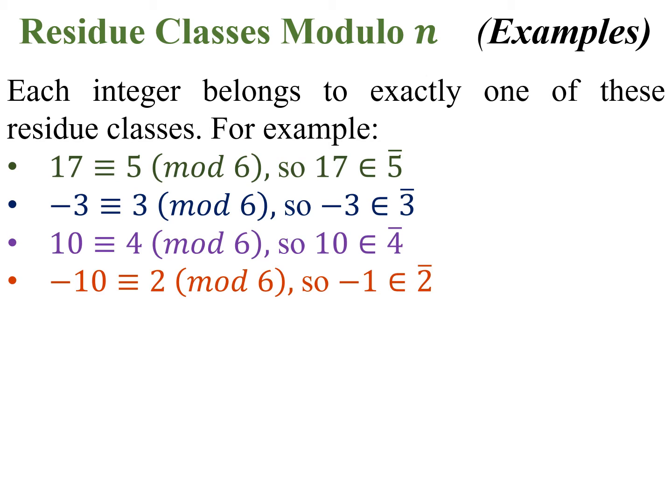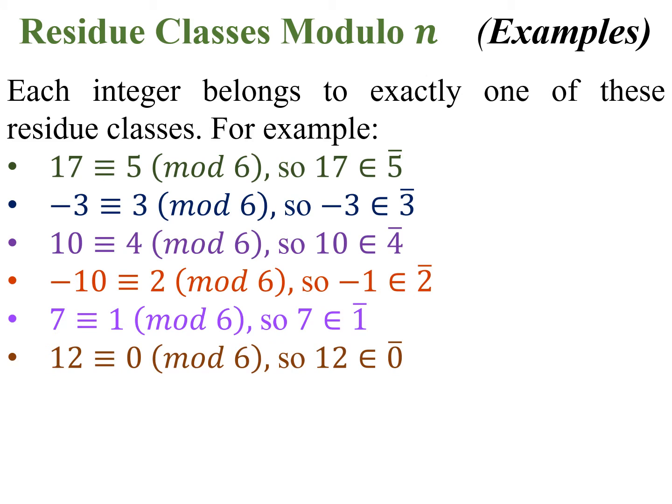Therefore, minus 10 belongs to the residue class of 2 modulo 6. 7 is congruent to 1 modulo 6 because 7 minus 1 is 6 and 6 is divisible by 6. So 7 belongs to class of 1. 12 is congruent to 0 modulo 6 because 12 minus 0 is 12 and it is divisible by 6. So 12 belongs to the residue class of 0 modulo 6.